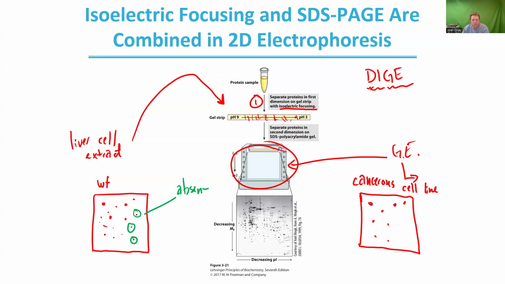So you'd say these are absent, or maybe something's different between a cancerous cell line or an unhealthy individual and a healthy individual. And you say, well, why is that? Well, if there are these differences, then there must be something about that cancerous state that's causing this. In which case, what you do is analyze and identify what these proteins are.